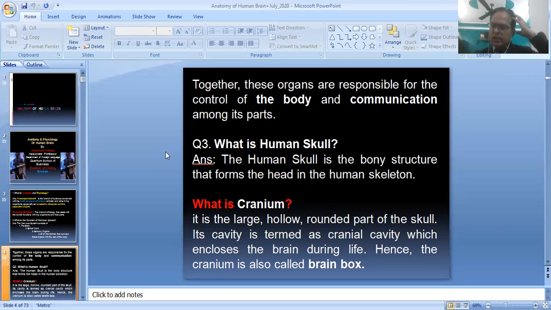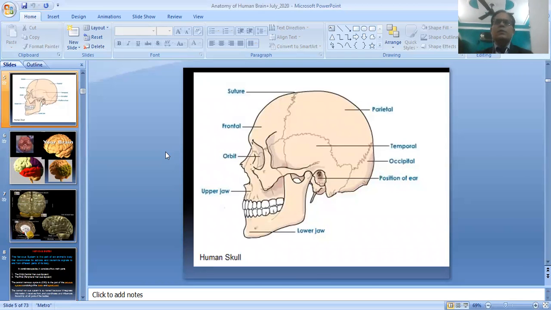So this skull is there, and inside the skull we have the cranium, and inside the cranium the brain is present. The cranium is also called the brain box. See, I told you, my dear friends, some sutures are there. This is the brain.